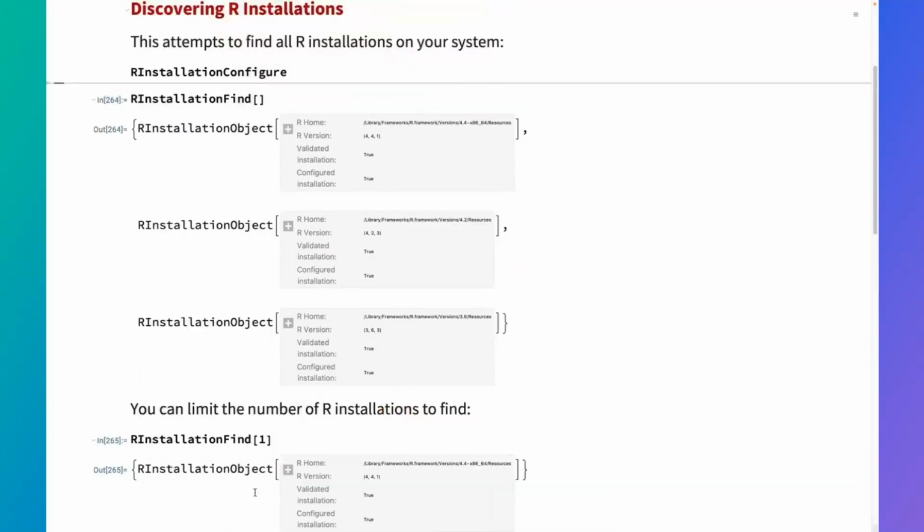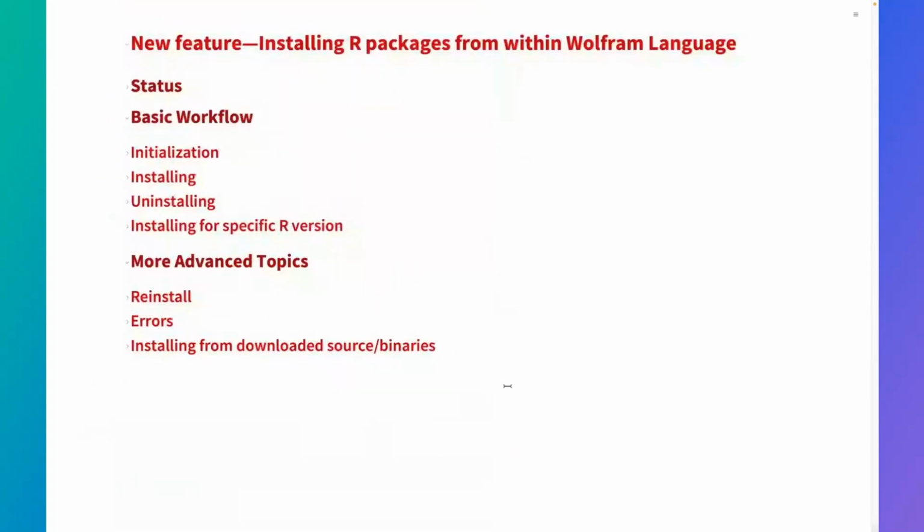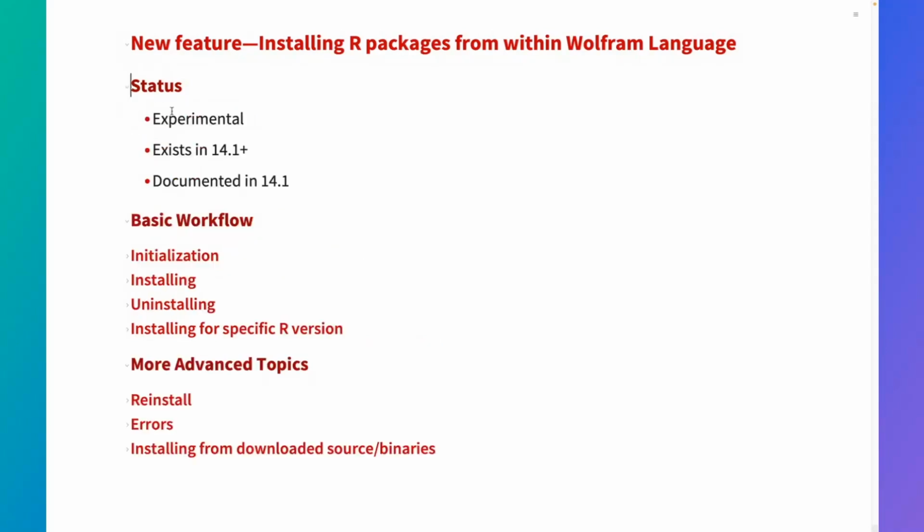Okay, now the next feature I wanted to describe is installing R packages. I briefly was showing that to you already in that first example. So this actually has been documented in 14.1. This is a new feature.